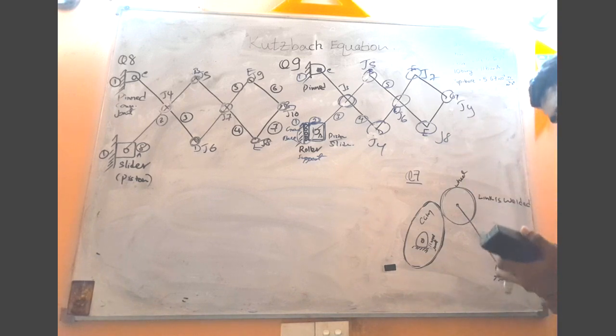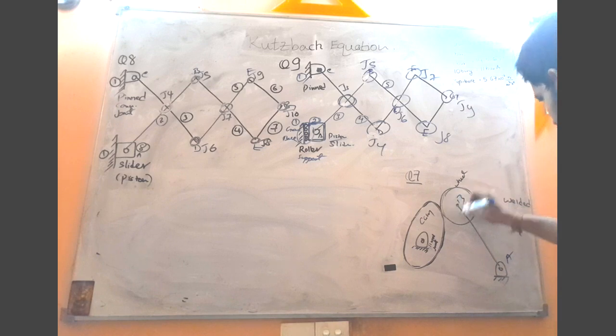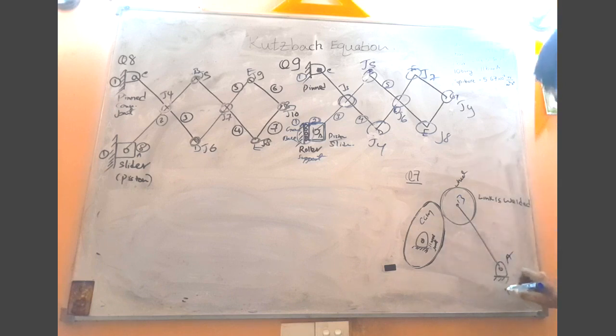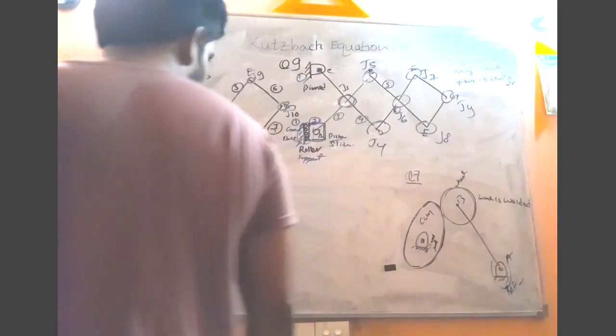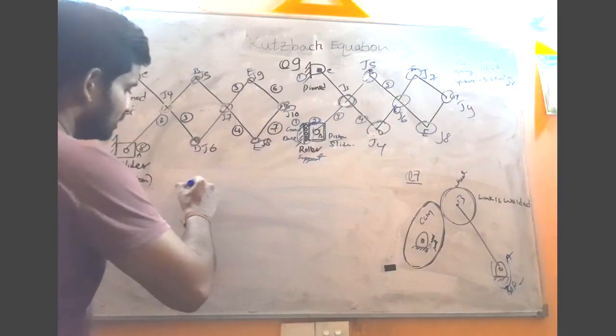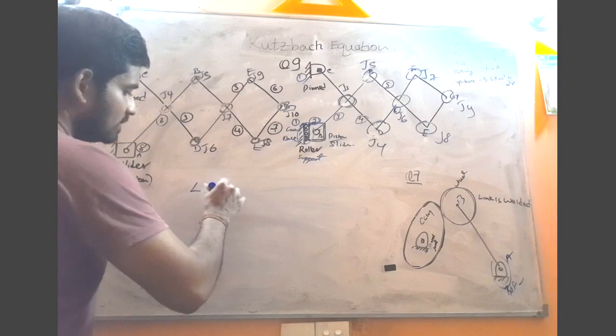So for the betterment, let's give it a name, link AB. And this link AB is connected to the base with the help of the pinned joint, or the pinned connection. Now the first thing is to find the number of members, that means the number of links.